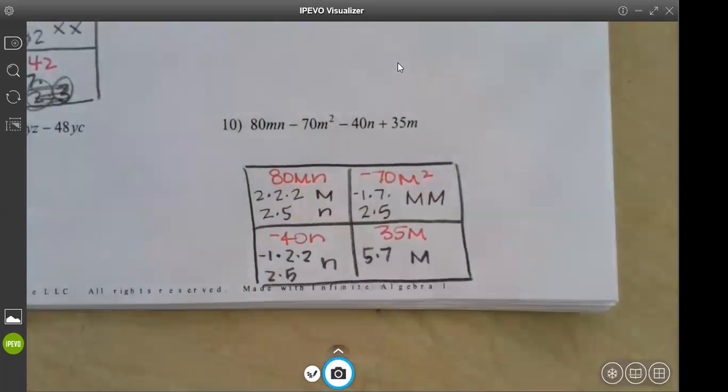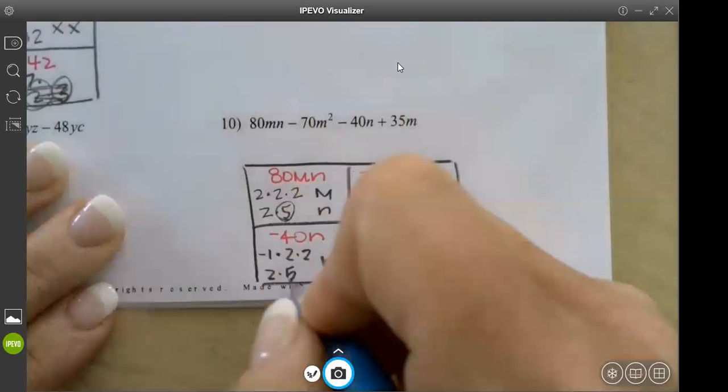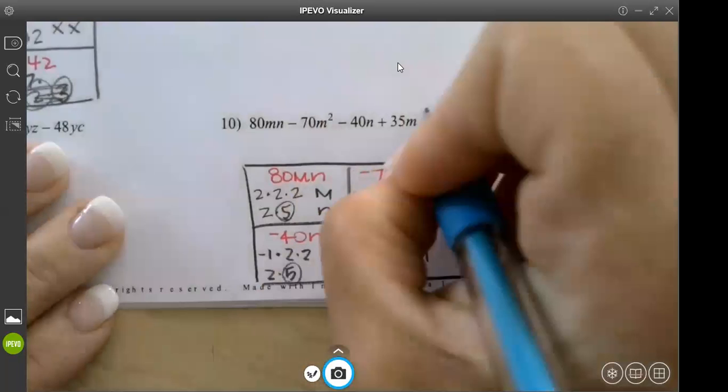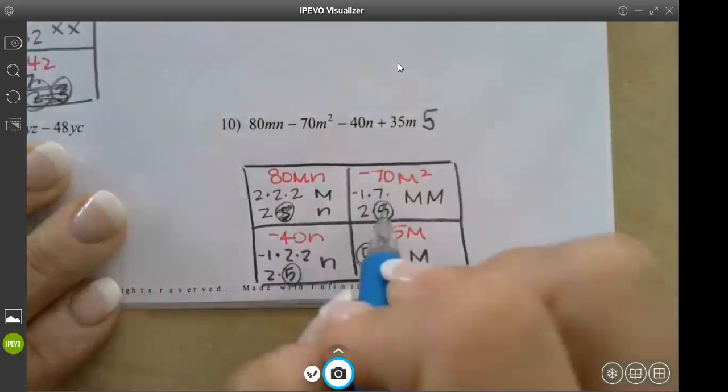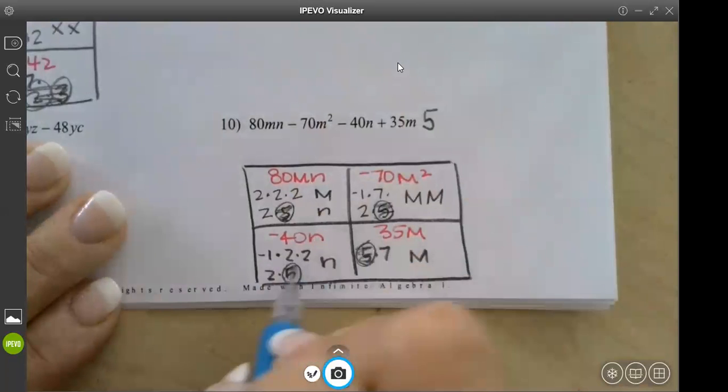Is there anything in every single box? Look at it. An m, and a 5. So what's your GCF? 5. So we're going to write that just up there to hold it. And then we don't look at those 5s anymore.